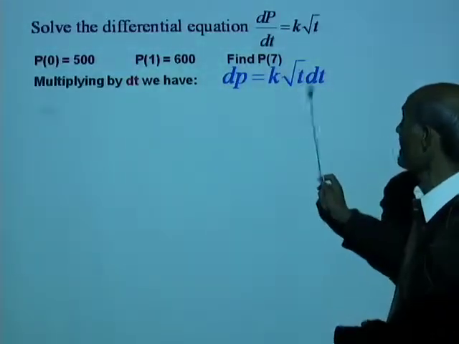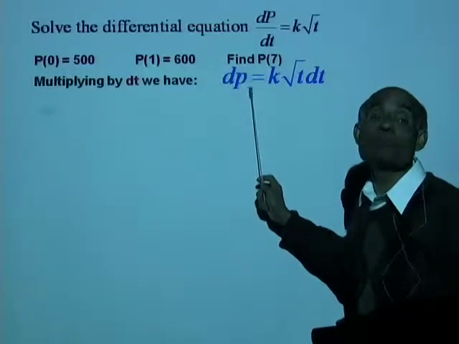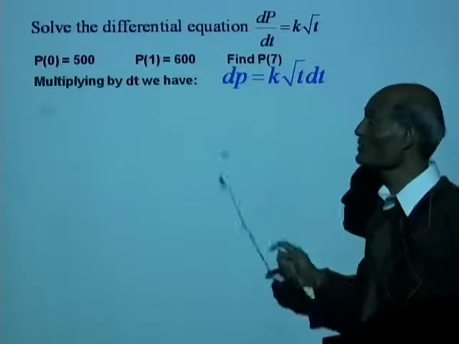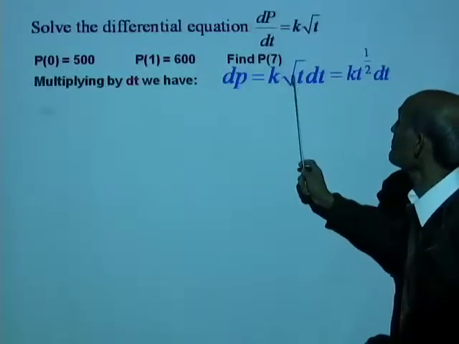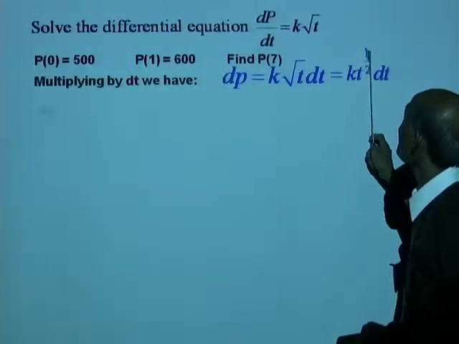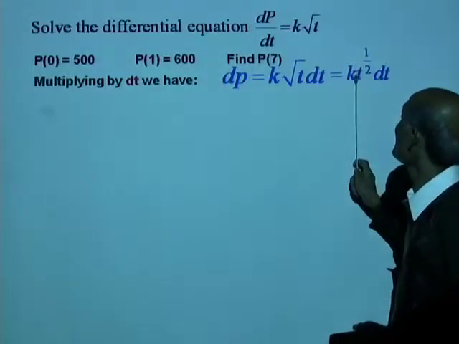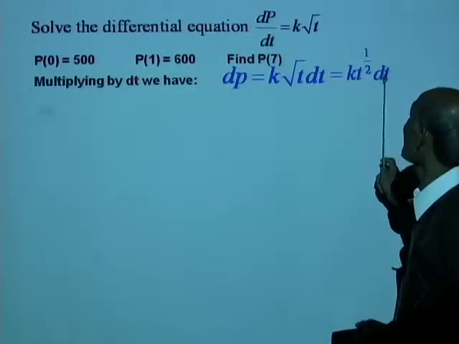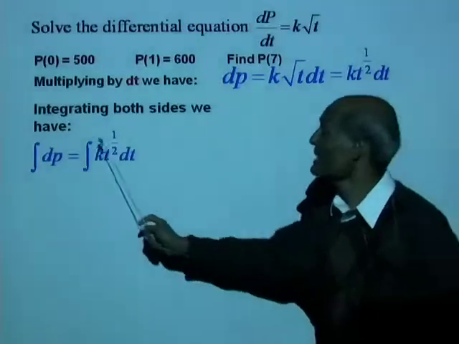Alright, let's try that. Now we need to find the function p as a function of t. What do we do? Now write k times square root t as k t to the power of 1/2. So what we have is dp equal to k t to the power of 1/2 dt. Integrate both sides.